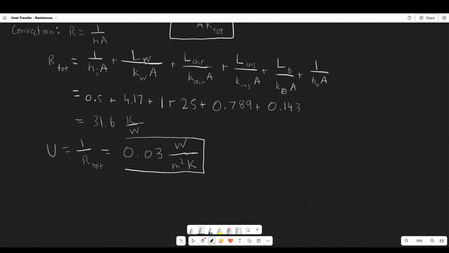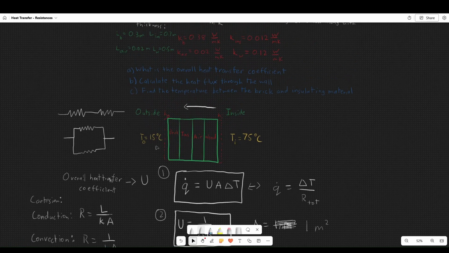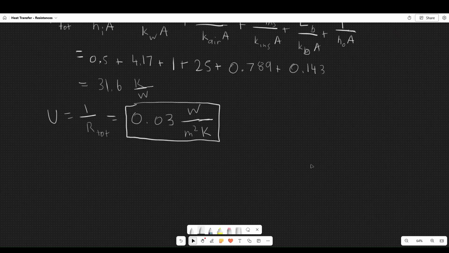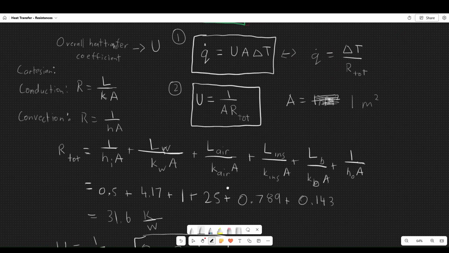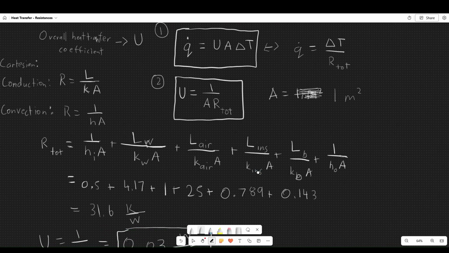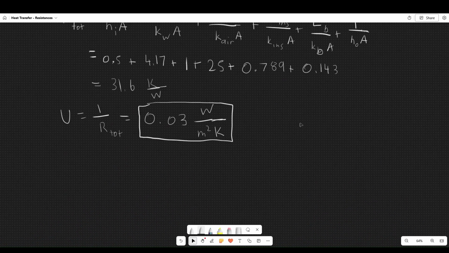Great. Now we can move on to B, and B is asking, calculate the heat flux through the wall. Okay, so now that we have this U, we can go back to equation 1, and we see that heat flux equals U times A times delta T. So if we go to B, we know that Q dot equals U times A times delta T. We know what U is, we know that A is 1 meter squared.